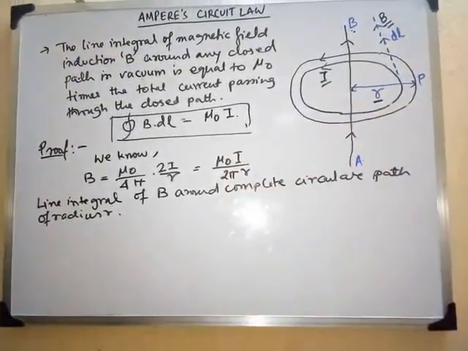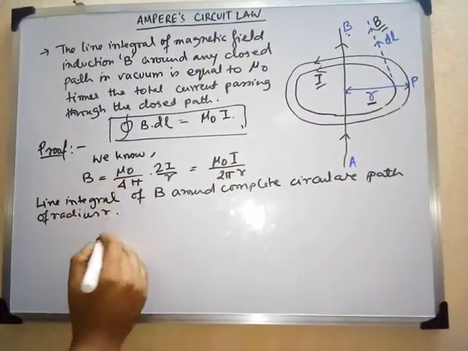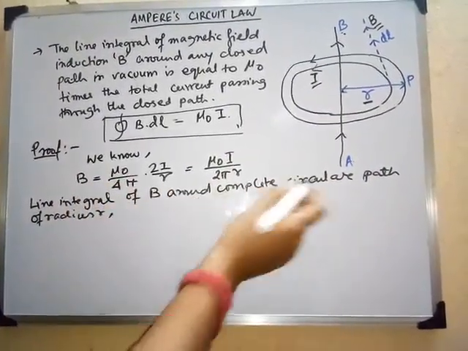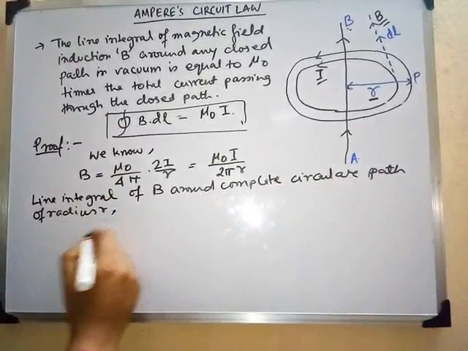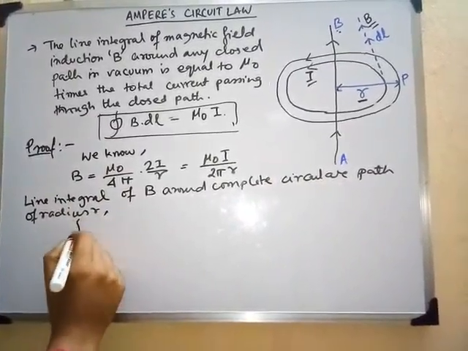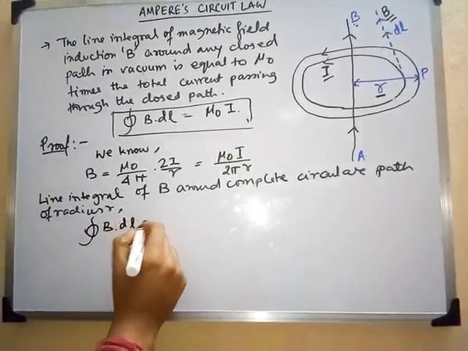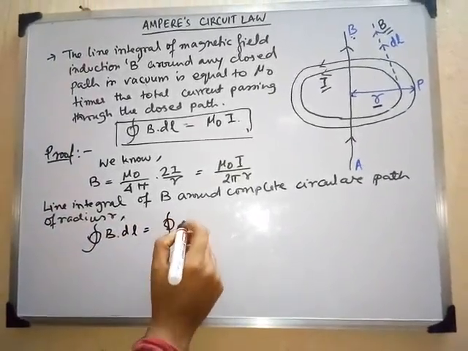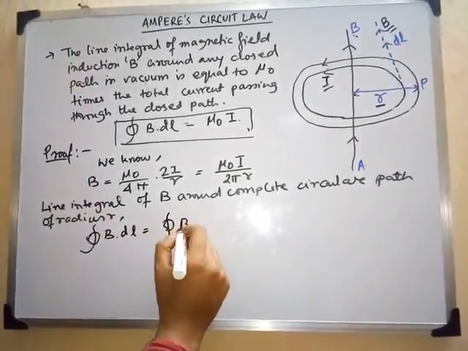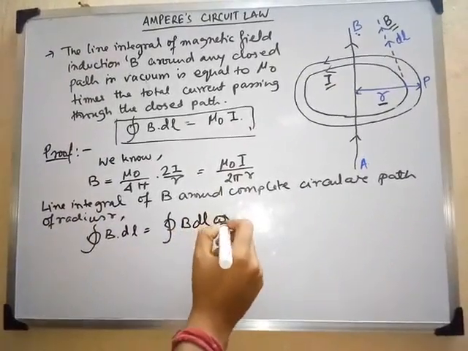So the line integral of B around this complete circular path of radius R will be equal to the closed line integral of B dl cos of 0 degree.